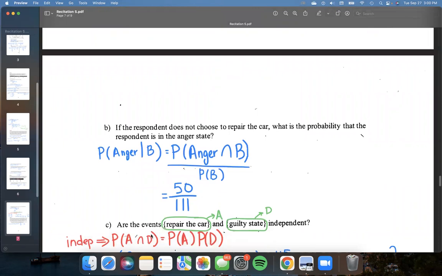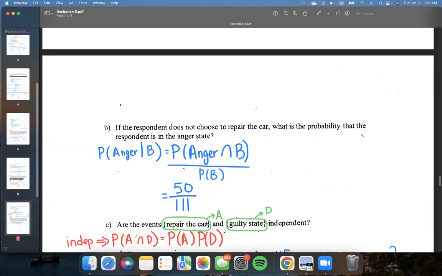So now we want to know, are the events repair the car and guilty state independent? To show if something is independent, let's say we have two events, A and D. If we want to show that A is independent of D, we would show that the probability of A intersect D is equivalent to the probability of A times the probability of D. So here we're going to do just that.